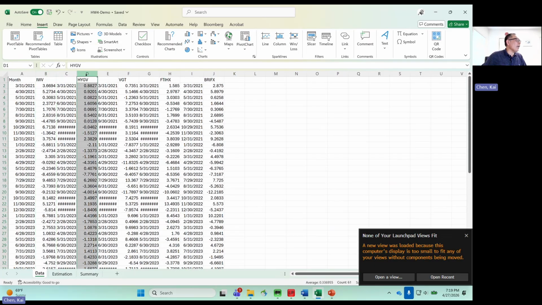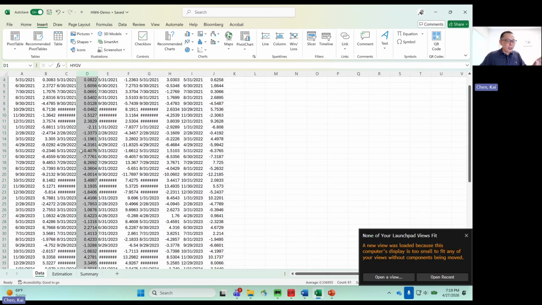And then HYGV, VGT, FTIHX, BRIFX, these 4 assets are the same. So what does this mean? That means you don't have to download the data again. The sample is the same, so you can use the data that you have downloaded from Bloomberg in homework 5.